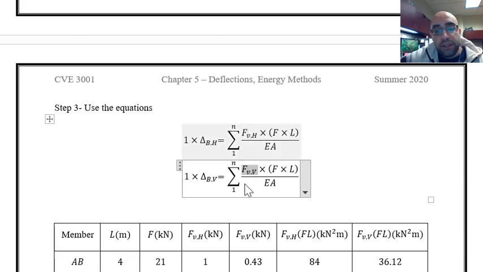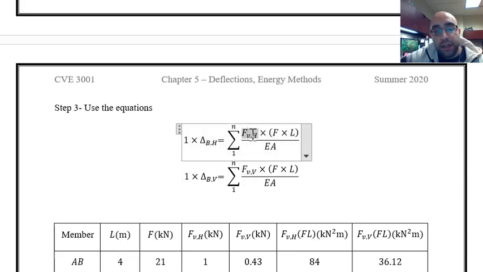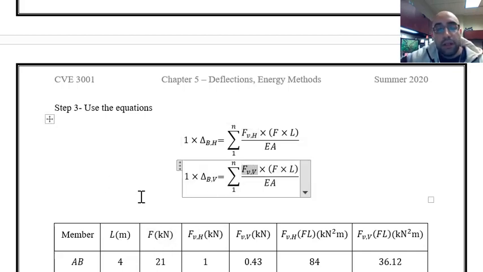The only difference in these two equations is FVH and FVV. FVH is the virtual force in the truss members because of that horizontal unit load, and FVV is the virtual force in the truss members because of that vertical unit load that we applied at joint B.